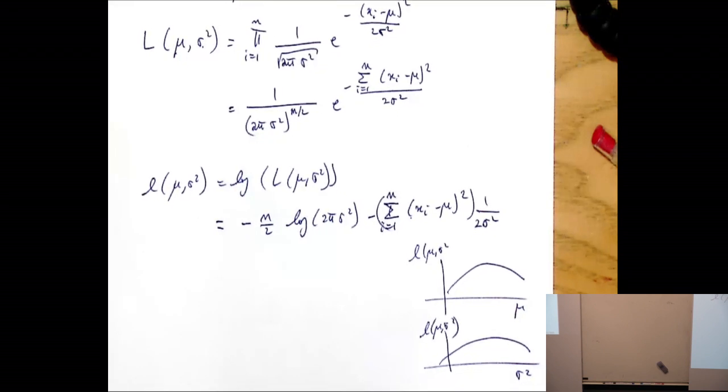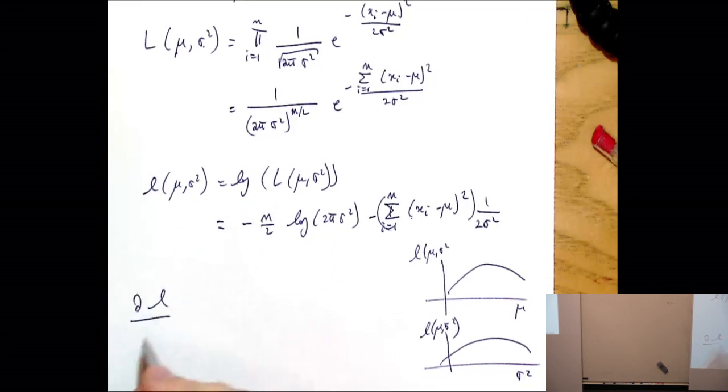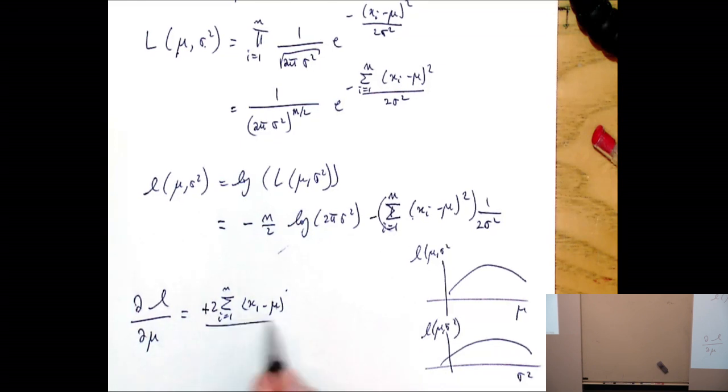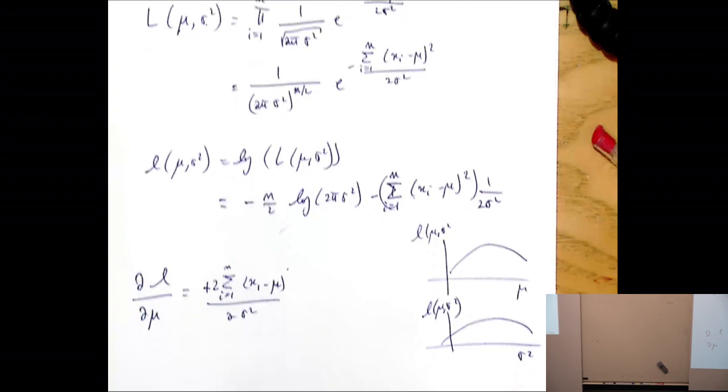So we can take the first derivative with respect to mu. And what do we have here? The derivative with respect to mu, this first term is gone, right? And here what we get is minus a sum from 1 to n of 2 (xi minus mu), multiplied by the minus, so here I'm going to have a plus, divided by 2 sigma square.